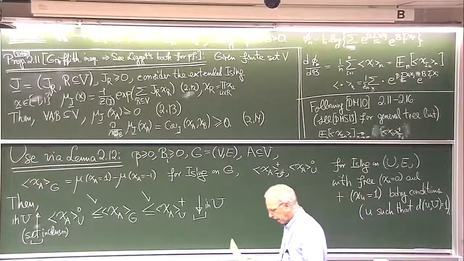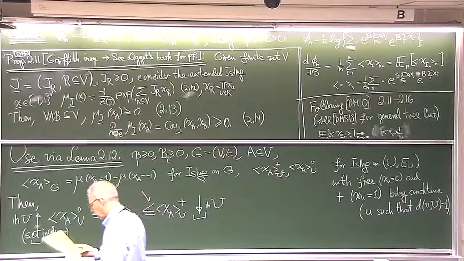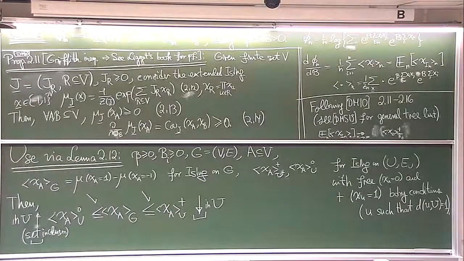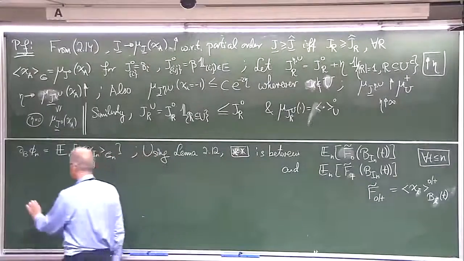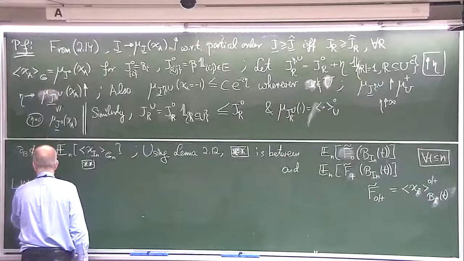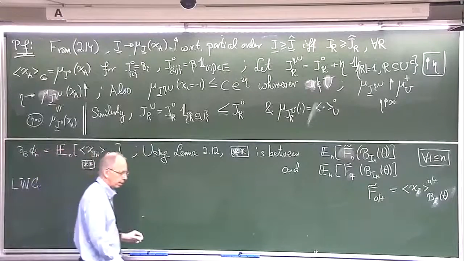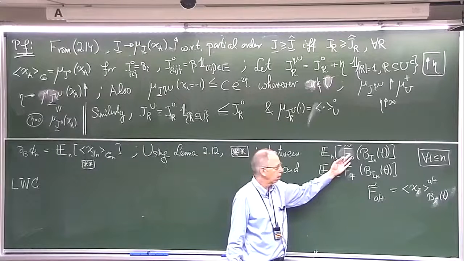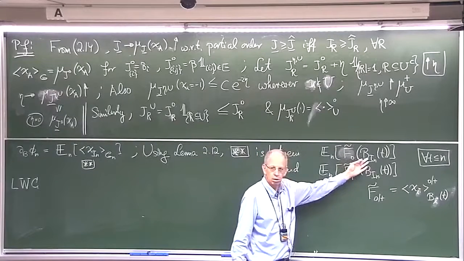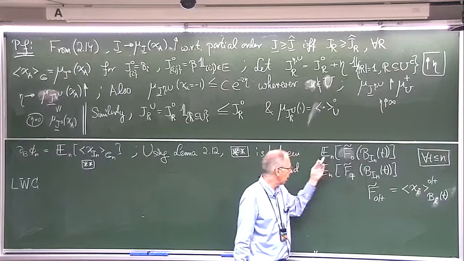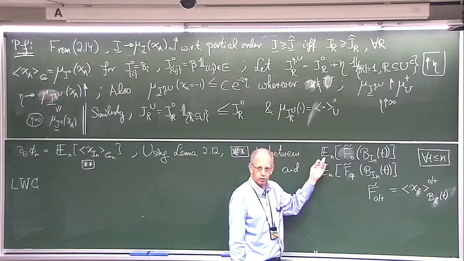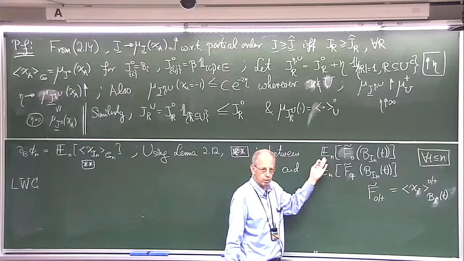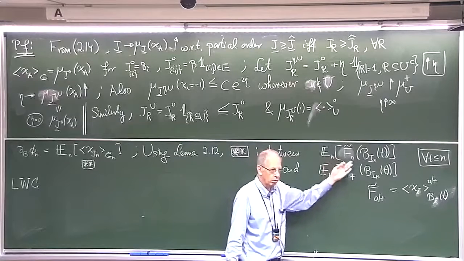Now, if I send the n to infinity, what I have here is local weak convergence. What I have here is a bounded function between -1 and 1 of the value of the ball, where I choose the center of the ball randomly. Local weak convergence should tell me that this should converge to exactly where the ball will go to.